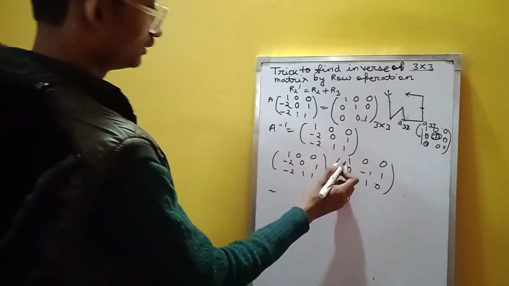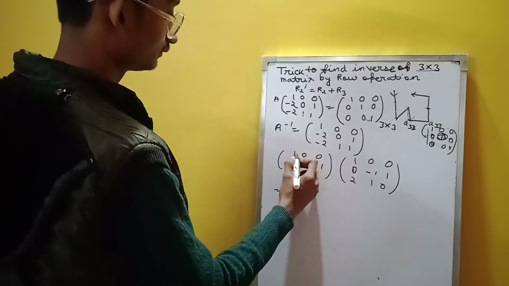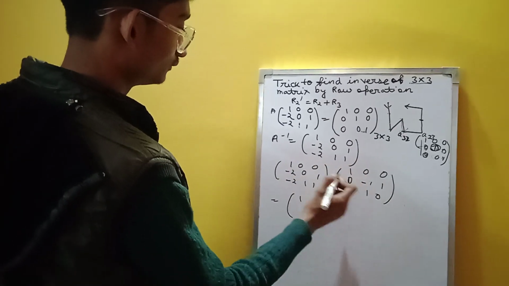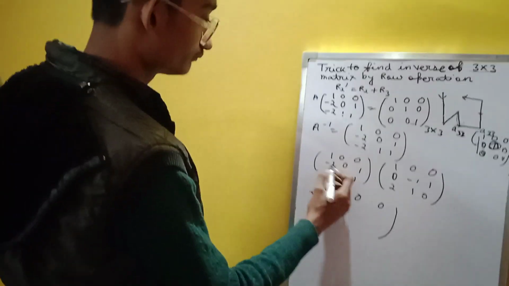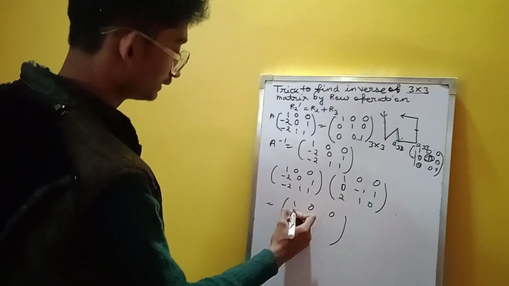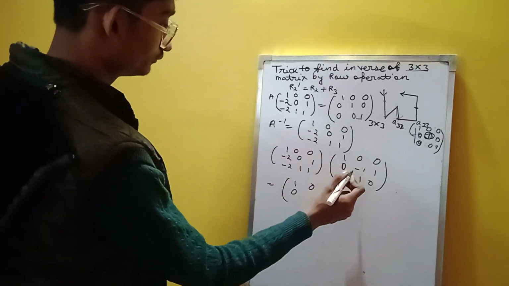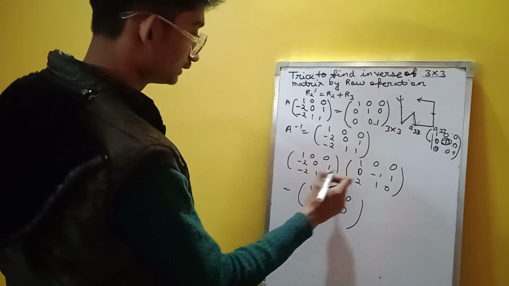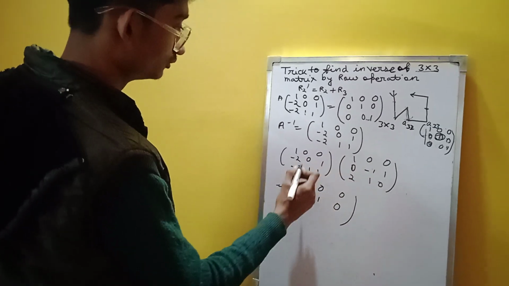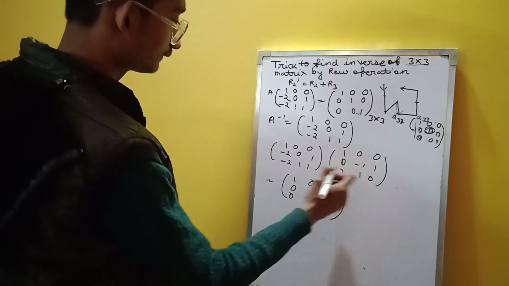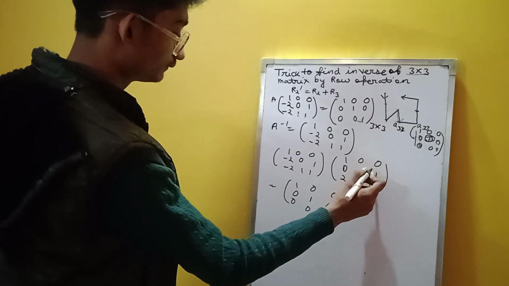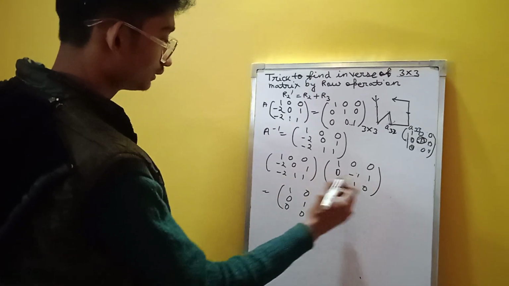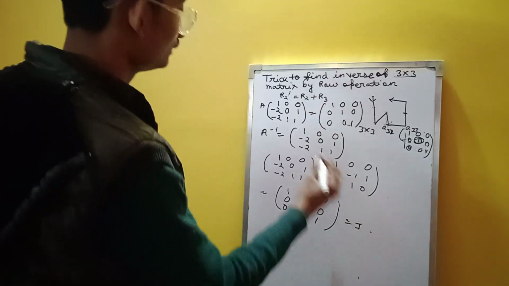So it will be 1, then 0 0 0, then negative 2 0 plus 0, then 0 plus 1, then 0 0 0, then negative 2 plus 1 plus positive 2, that is 0, negative 2 into 0 is 0, minus 1 plus 1, that is 0, and so on, ending with 1 into 1. This is the identity matrix. So this is the inverse of the matrix.